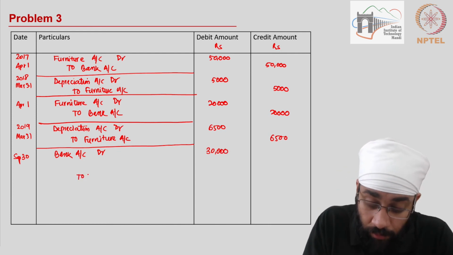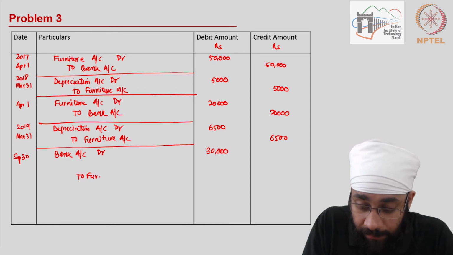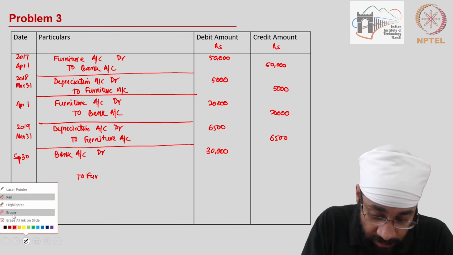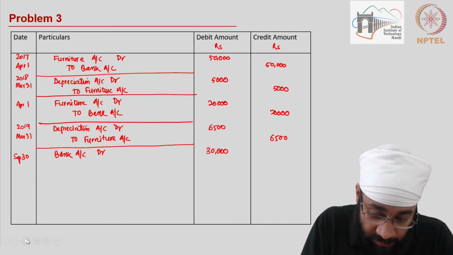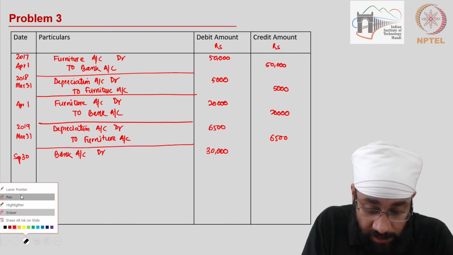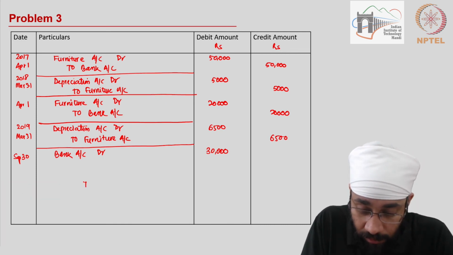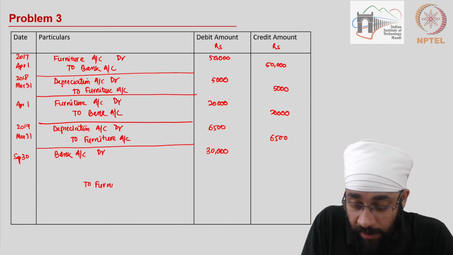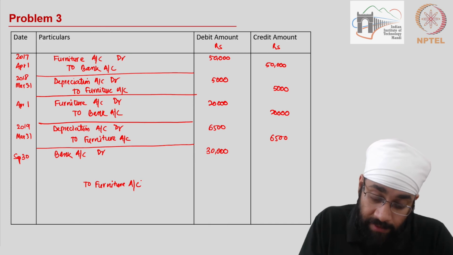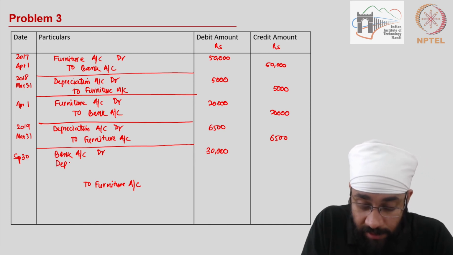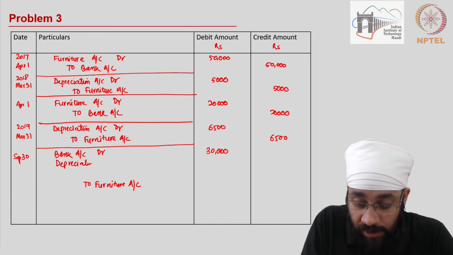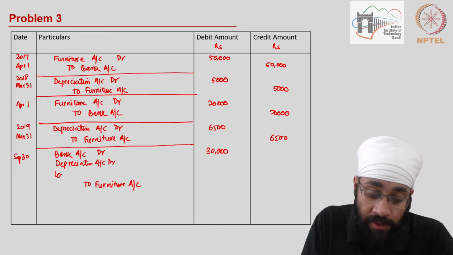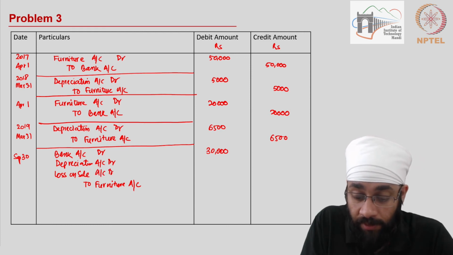So I'm going to write to furniture, but let me just create a little bit more space because I know there's going to be depreciation. So I'm going to write to furniture account, and there is depreciation on this time period, depreciation account debit, and there is a loss on sale of furniture account debit.